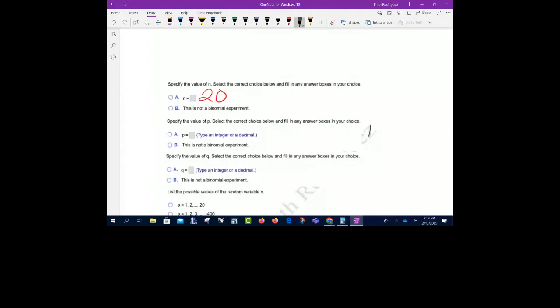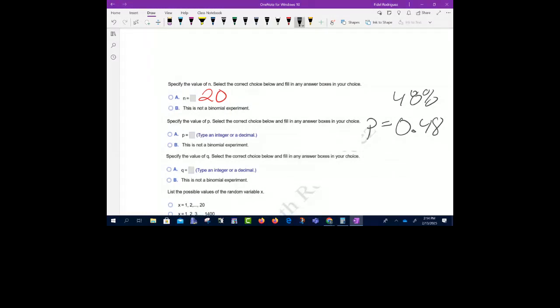Now let's find the probability of a success. Does anybody remember what percent of people said they were going to have to reduce their vacation? 48%. Okay, so as a decimal, everybody agree? 0.48.